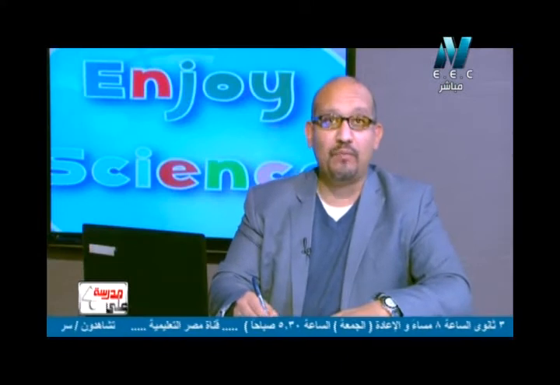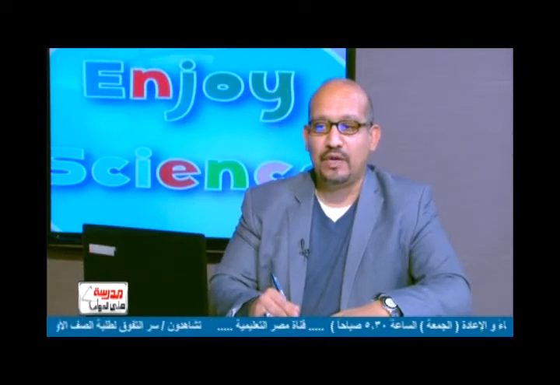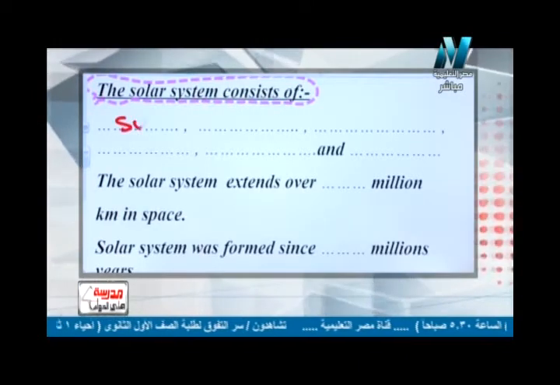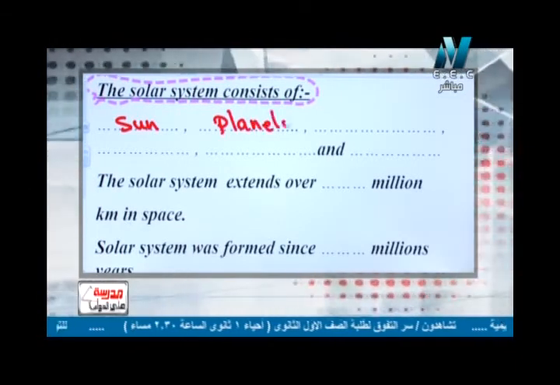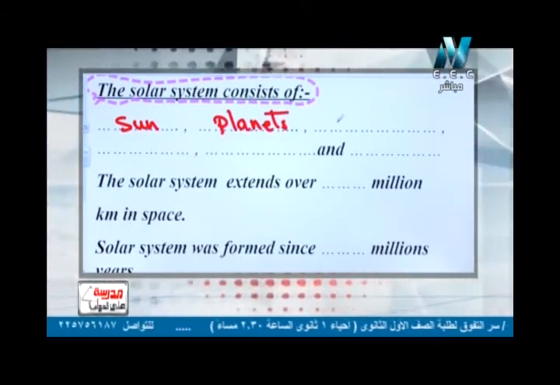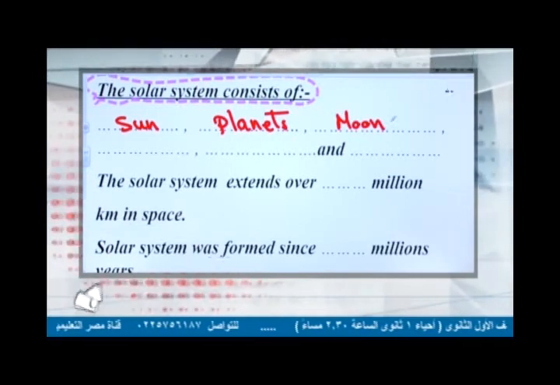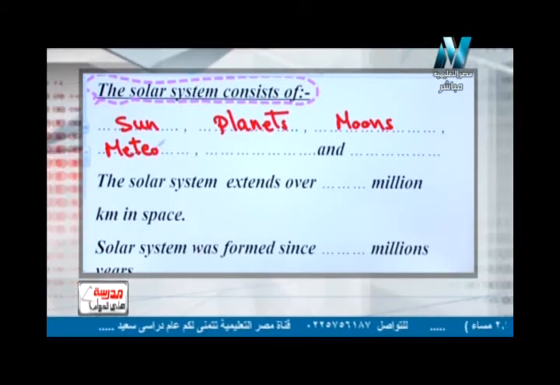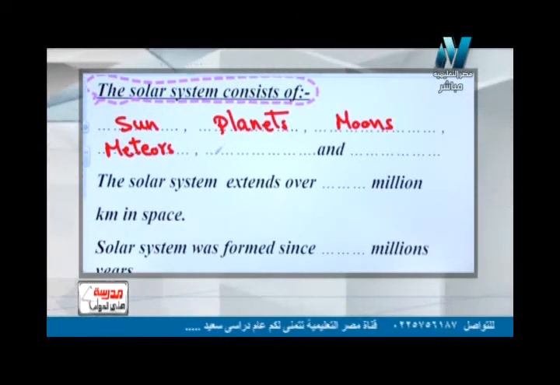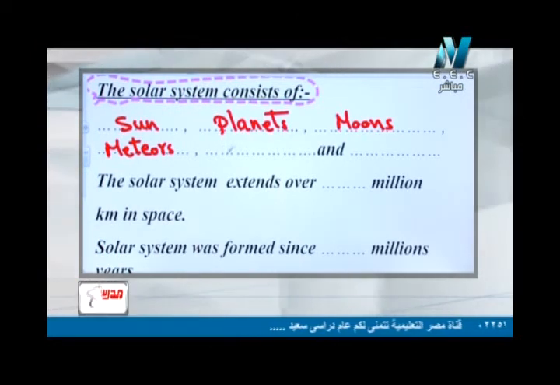So here we will start with this part in front of us on the monitor. The solar system consists of what? I will say the sun, planets, what we studied before in first prep, moons, meteors, asteroid belt, meteoroids, comets.